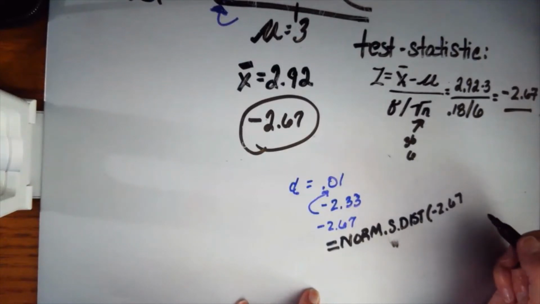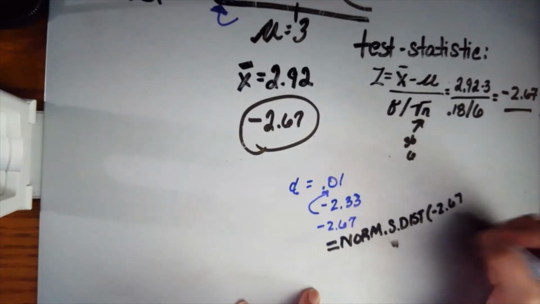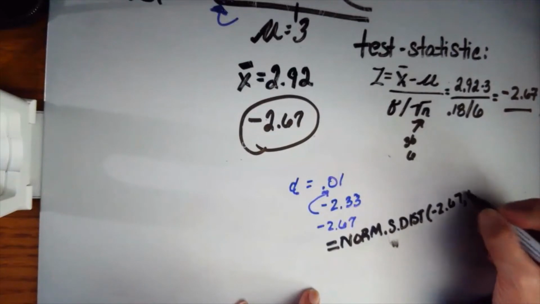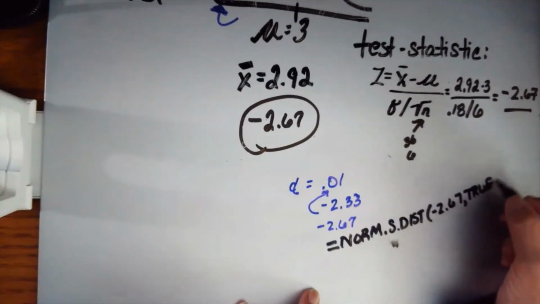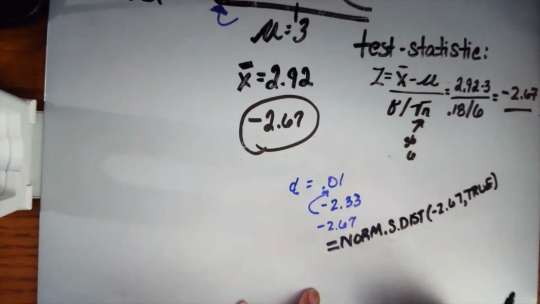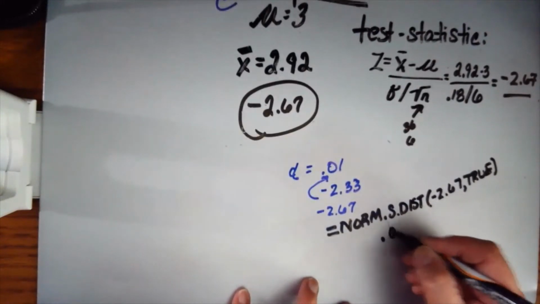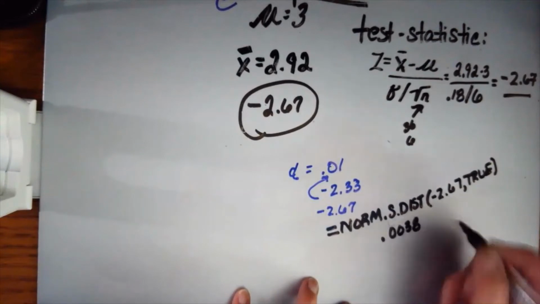It is very important that you put that negative symbol in there with your z-score, or you will not get the right probability. So you put negative 2.67, and then your cumulative value is true. When you do that, you're going to end up with a probability of 0.0038.